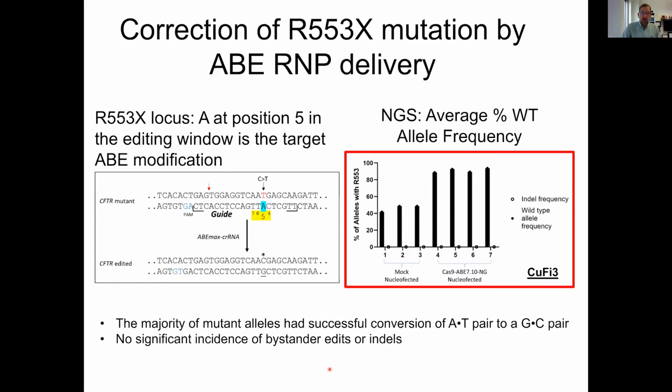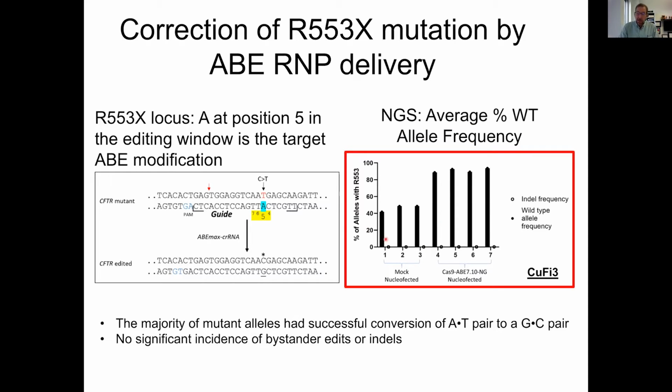So this shows the results of the sequencing analysis. On the left, I show the R553X locus, and the A at position 5 in the editing window is our target for editing here in blue. And on the right, I show the next-gen sequencing results.